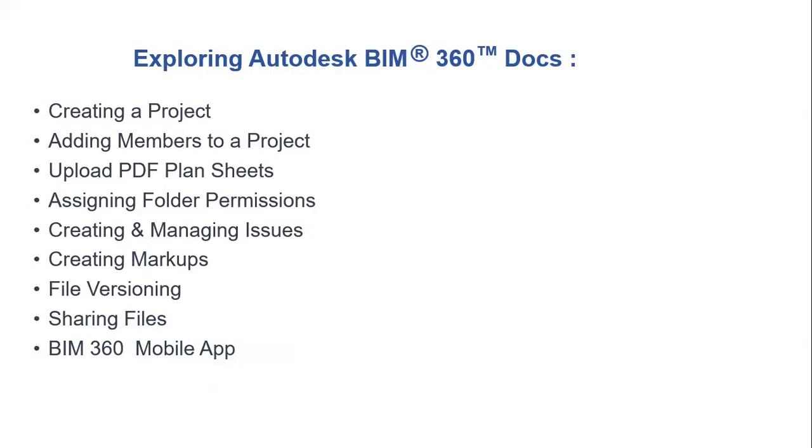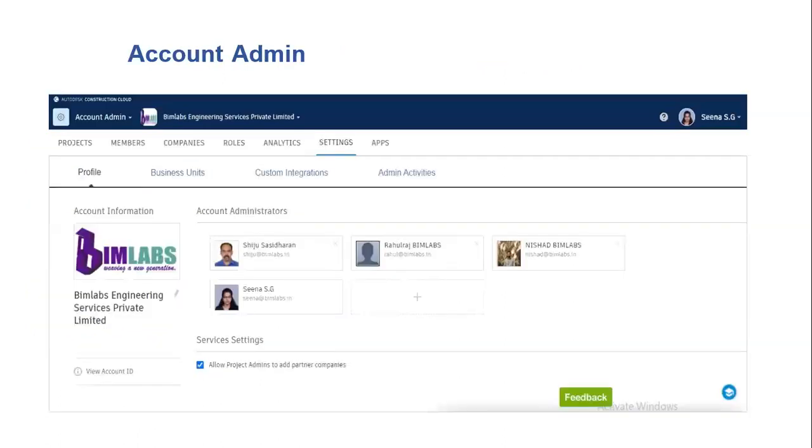After uploading files to a particular folder, we can assign folder permission to the team. Then we can create markups and manage issues. Model comparison and file sharing options are also available in BIM 360 Docs.